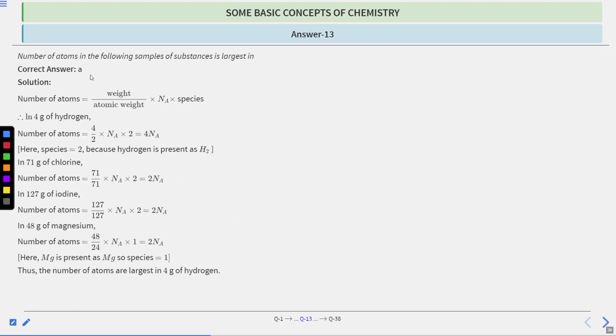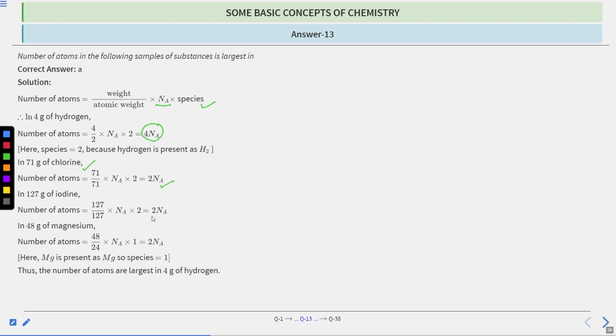Okay. So the correct option will be option A. The number of atoms will be equal to weight upon atomic weight multiplied by the Avogadro's number into atomicity. So in 4 gram of hydrogen, the number of atoms will be 4 by 2 into NA into 2, that is 4 NA. In 71 gram of chlorine, it will be 2 NA atoms.